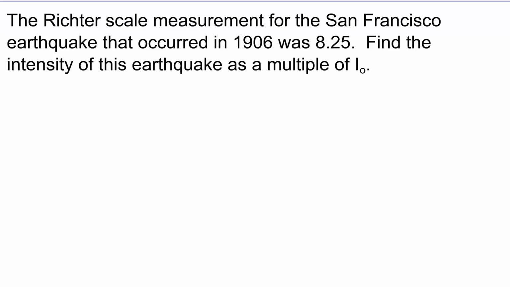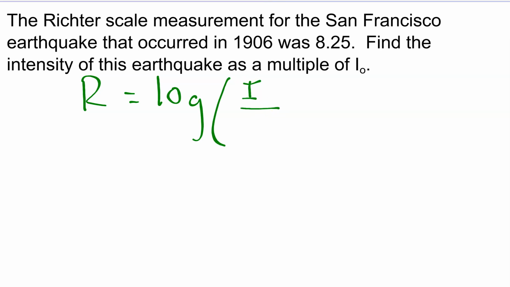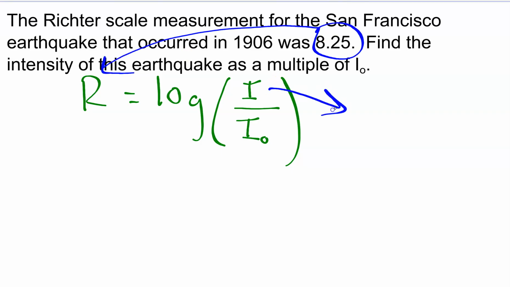The Richter scale measurement for the San Francisco earthquake that occurred in 1906 was 8.25. Find the intensity of this earthquake as a multiple of I naught. So again, I'm going to rewrite my Richter scale formula. I'm given the Richter scale, and they want us to find the I. So I'm going to put the 8.25 here.